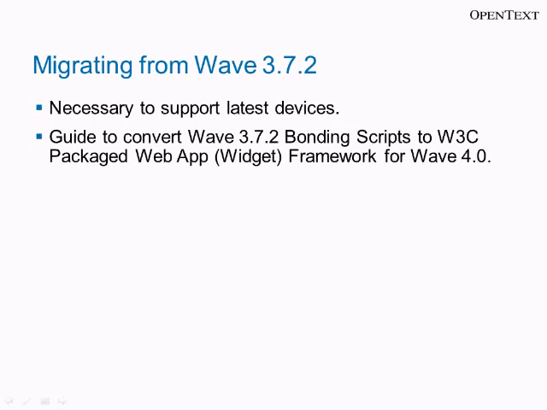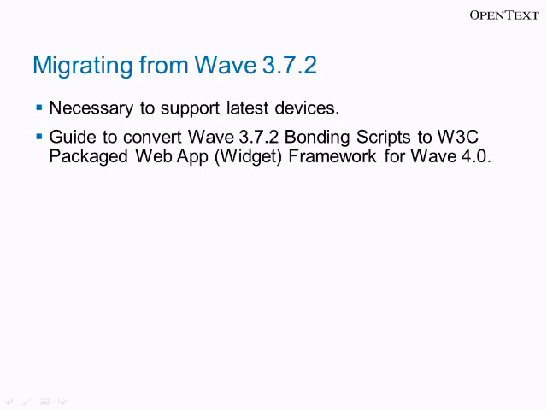So we are going to provide assistance in migrating away from Wave 3.7.2 into the Wave 4 environment. We can do that through professional services, or we have a guide under development to convert, for example, the Wave 3.7.2 bonding scripts to the W3C packaged web app framework that's used by Wave 4.